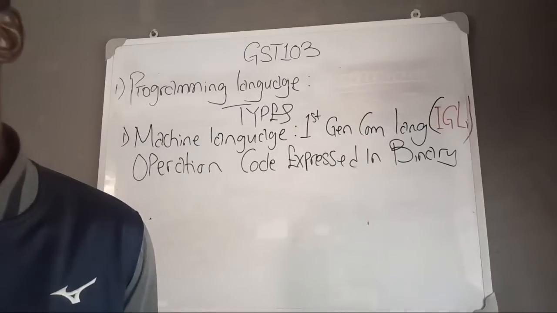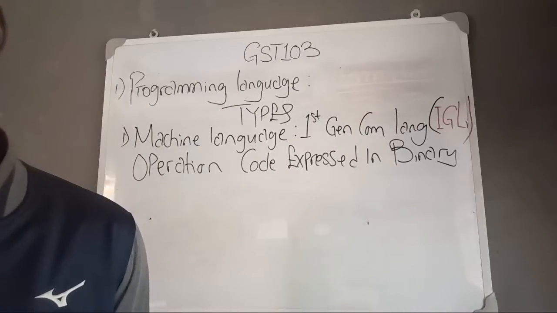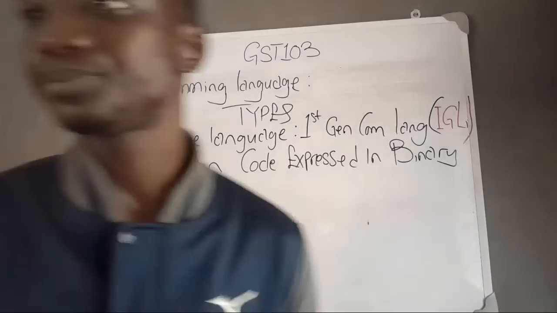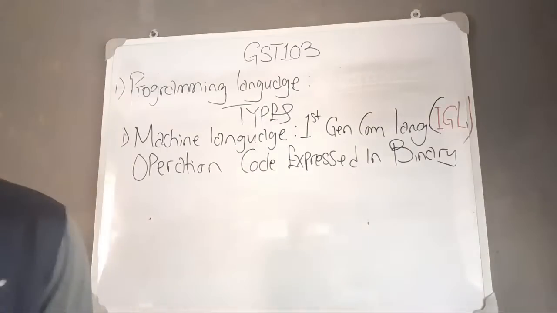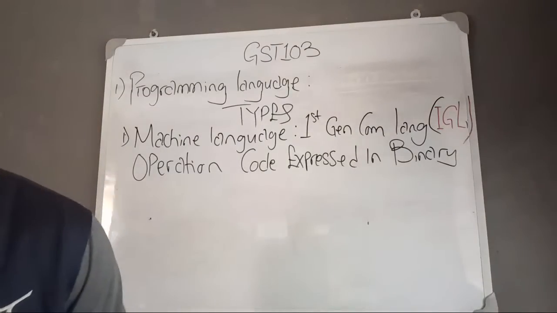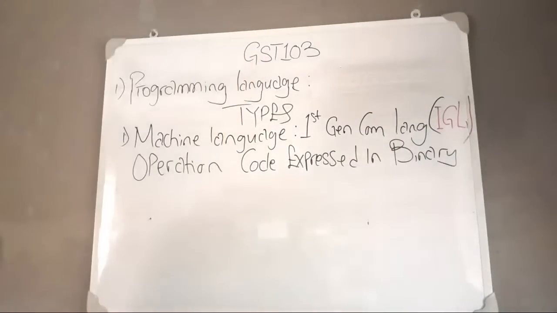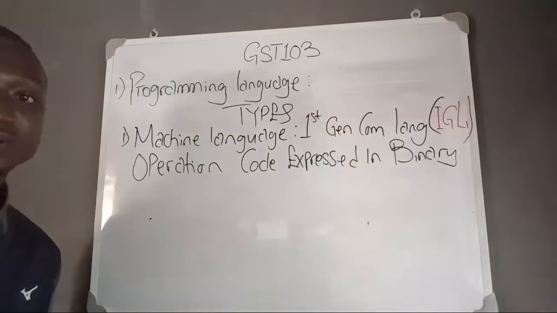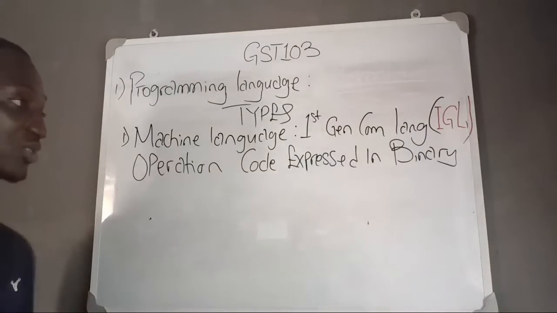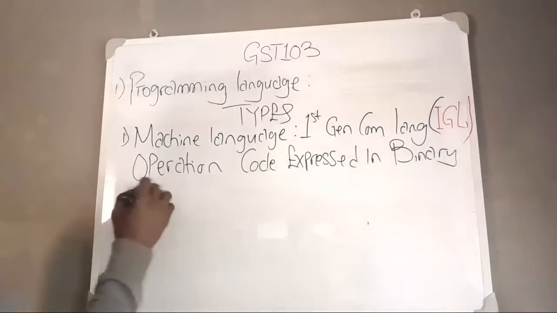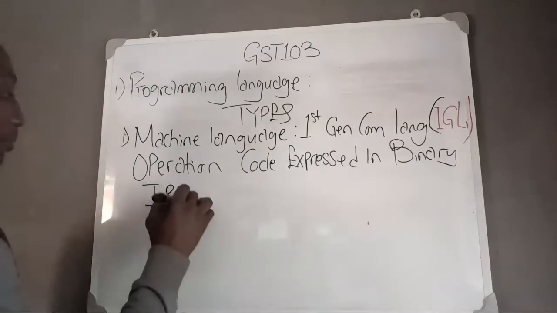So we have that under machine language, and machine language also allows the programmer to take advantage of all features and capability of the computer system for which it was designed. An example of machine language is the IBM.